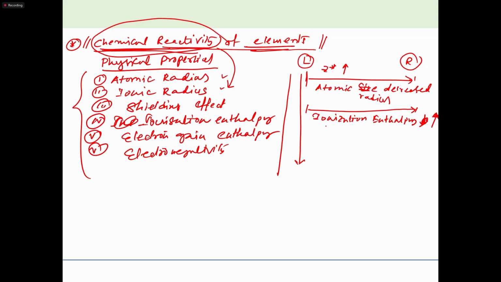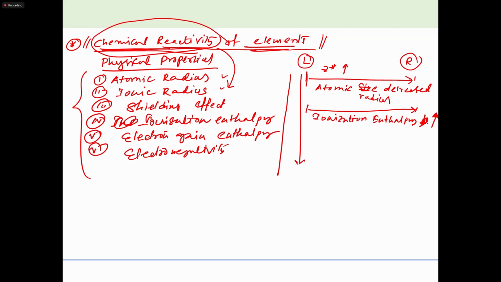Why? Ionization enthalpy means the amount of energy needed to remove one electron from the valence shell. So when the effective nuclear charge increases, the outer shell electrons are attracted more by the nucleus.